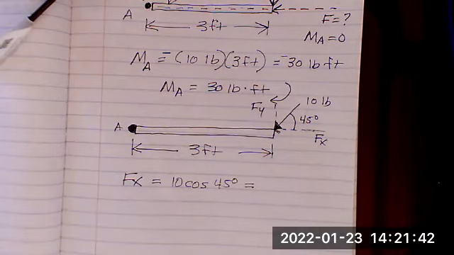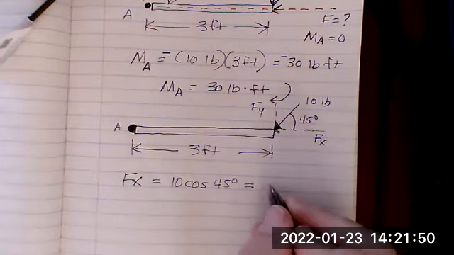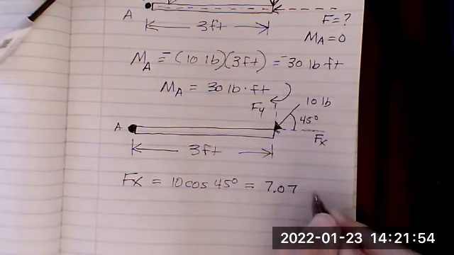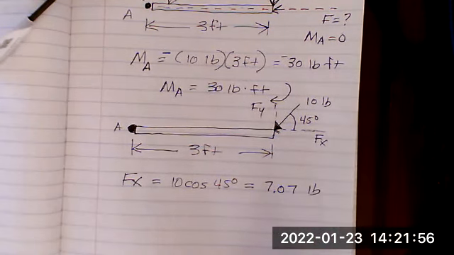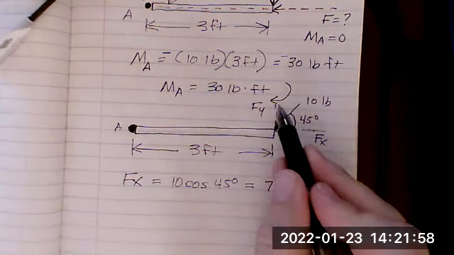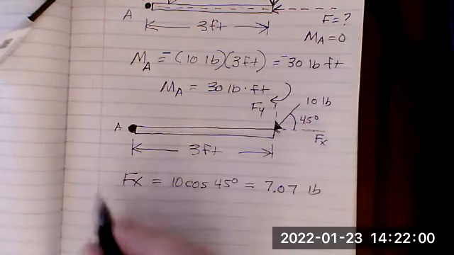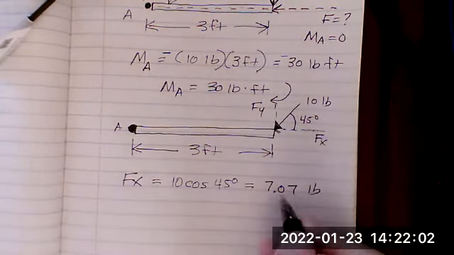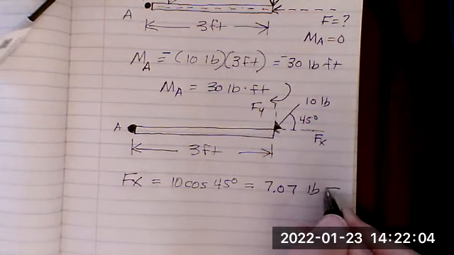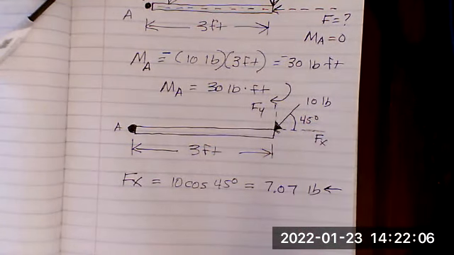All right, so I have 45 cosine times 10. And this force is equal to 7.07 pounds. All right. And then if we try to find F of y, now I know this has direction, so we could just draw an arrow like this. That's the direction. Okay.